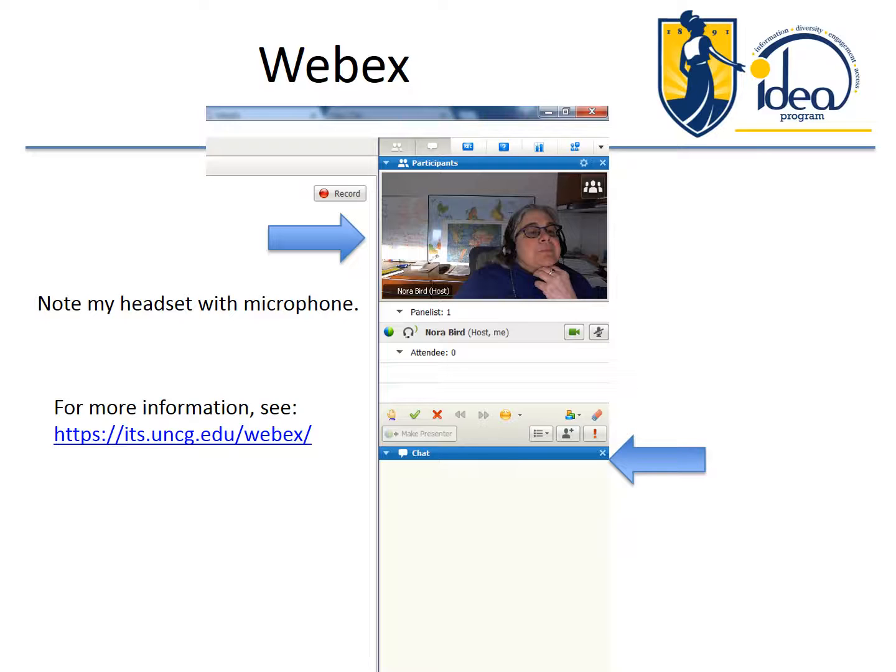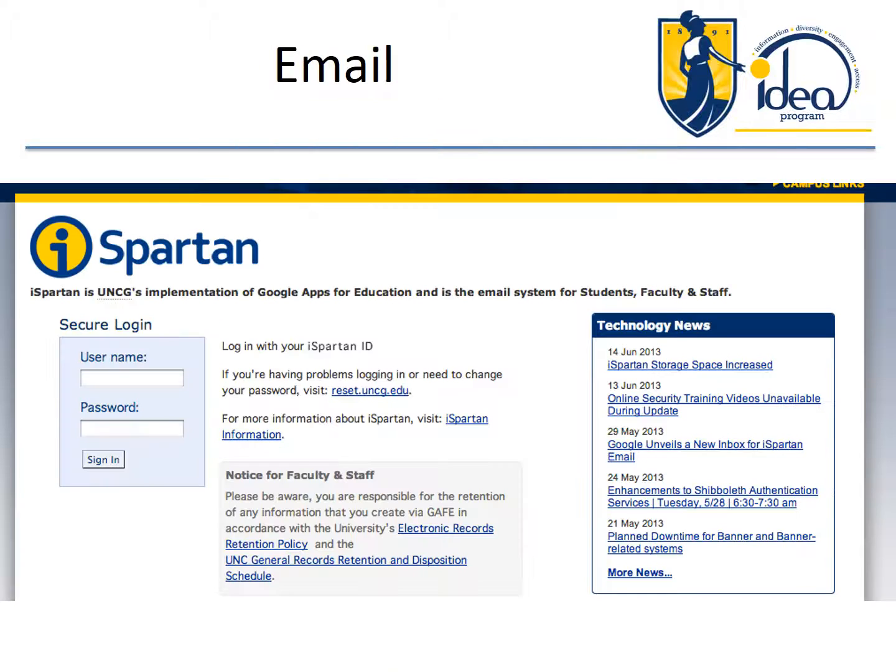There's information about WebEx at the Information Technology Services Department at UNCG. Here's a link to that web page talking about WebEx.